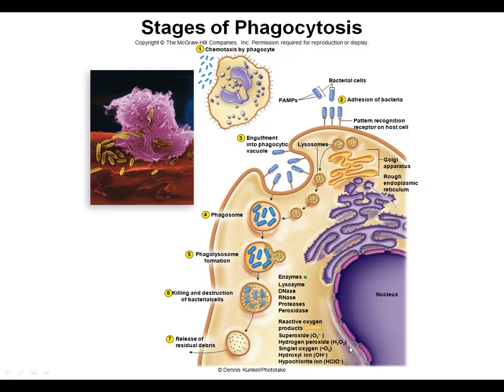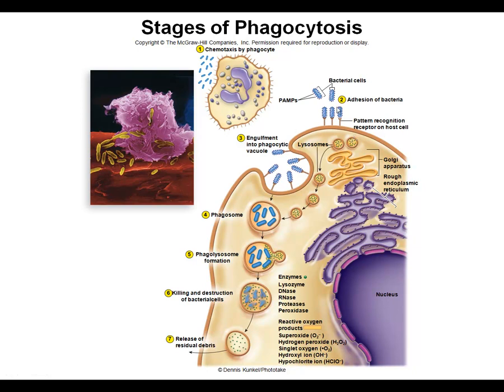If you look at the picture on page 415 in your textbook, you have your phagocytic cell, whether it's a neutrophil or a macrophage, and you have these bacteria out here. These bacteria produce pathogen-associated proteins on their surface. Chemotaxis causes adhesion of these bacteria to receptors on the membrane of the phagocytic cell.